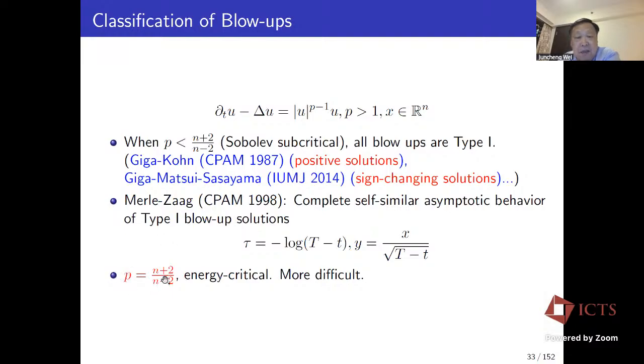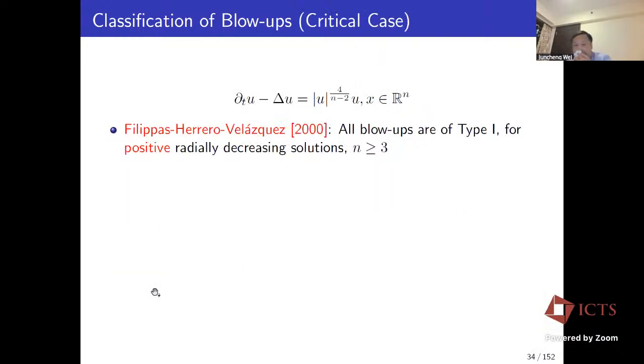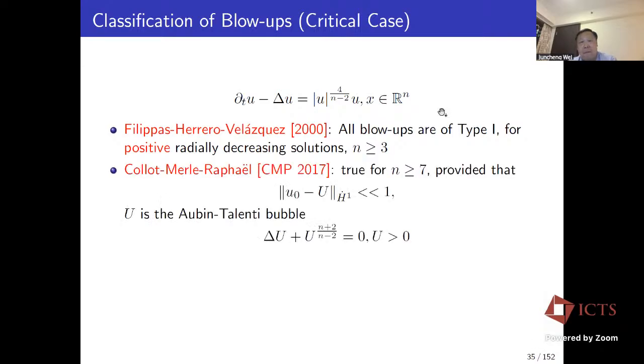So what I'm going to discuss mostly is the critical case. This is the energy critical case, and this is more difficult. In this case, Filippas, Herrero and Velázquez show that in the radially symmetric case, if the initial data is radial, all blowups are type 1.